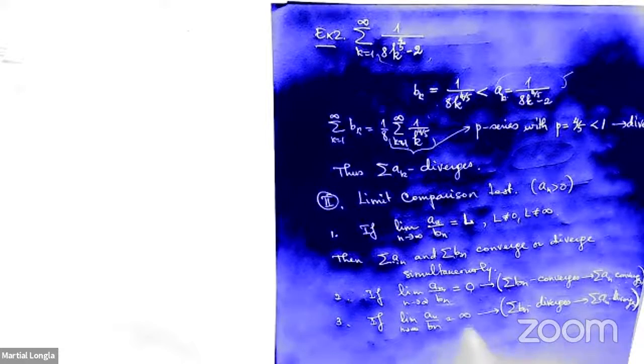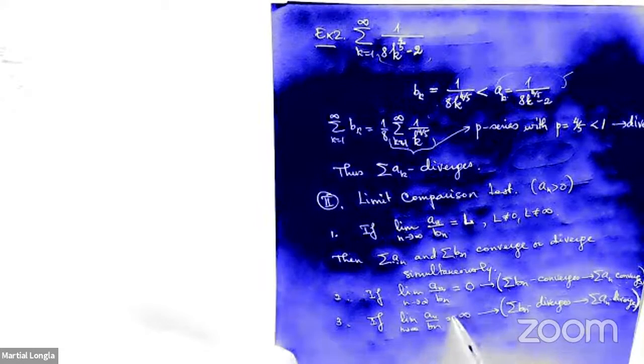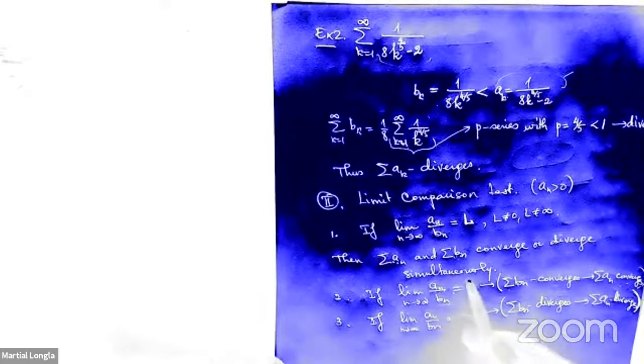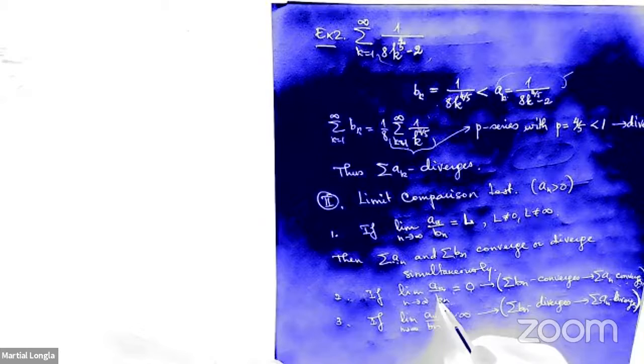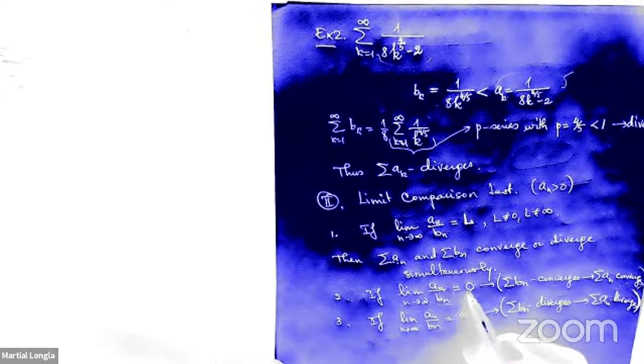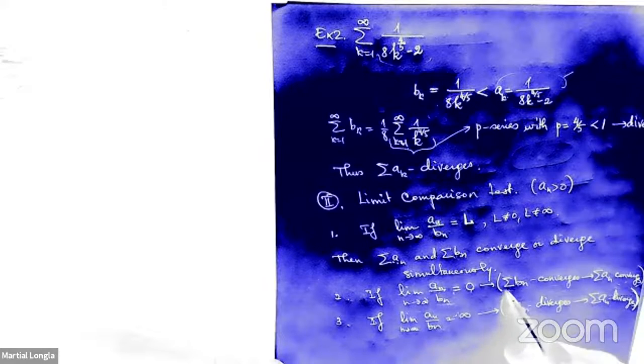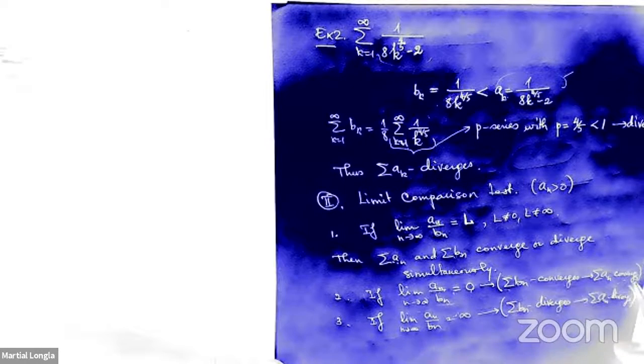Because in this case, in these two cases, it actually takes us back to the comparison test. That's why you hear me saying, if this is 0, that means that an is small compared to bn. If I can divide an by bn and get 0, that means that an is small compared to bn, right? And if an is small compared to bn, then if sum of bn converges, then sum of an converges.